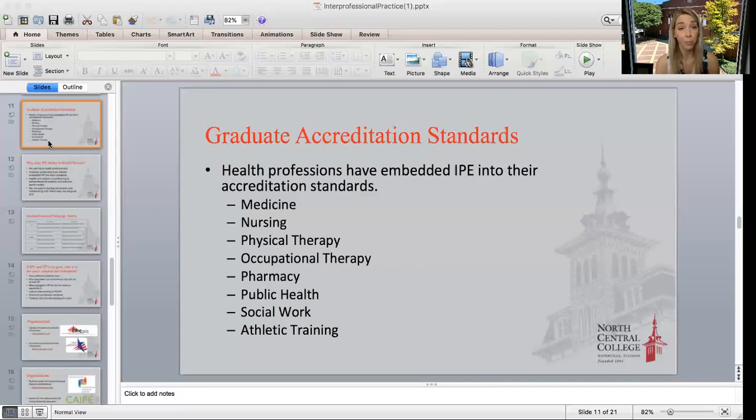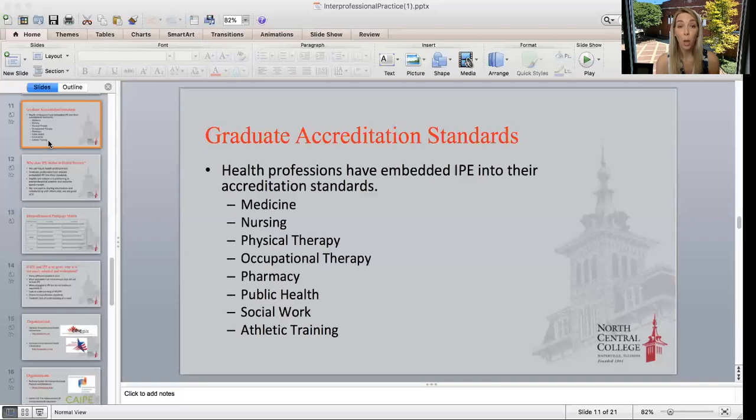And they're saying, hey, if you want to have that athletic training program at North Central College, somewhere within that athletic training program, you have to introduce students to interprofessional education, and you have to show them what interprofessional practice is. So it has to be at least appearing once in the program. And sometimes it's embedded throughout, so there's different levels of it.